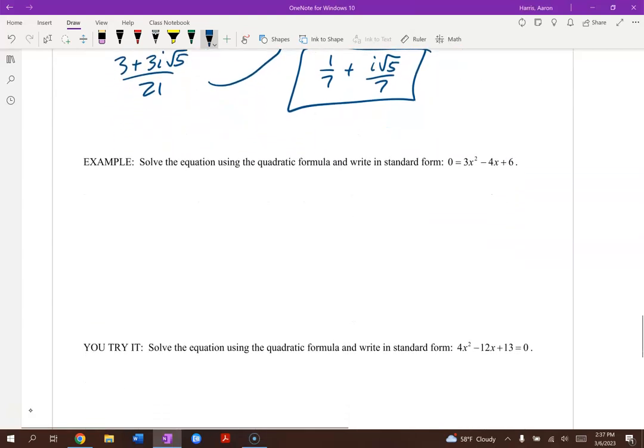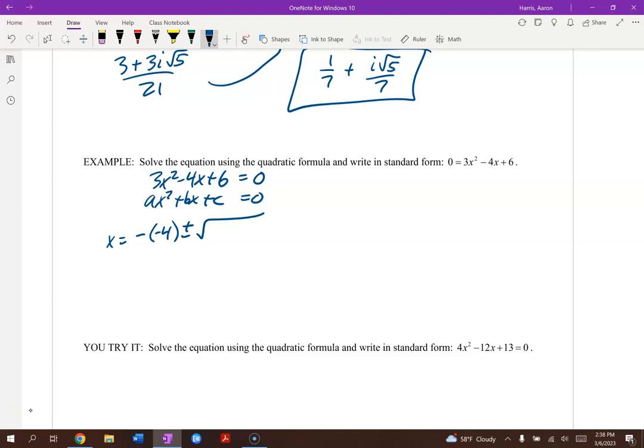Well, the nice thing about these is now we can solve things of this form: 3x squared minus 4x plus 6, where our discriminant's less than 0. So we have ax squared plus bx plus c equals 0. So we're going to plug it into the quadratic formula. x equals negative b plus or minus square root of b squared minus 4ac all over 2a.